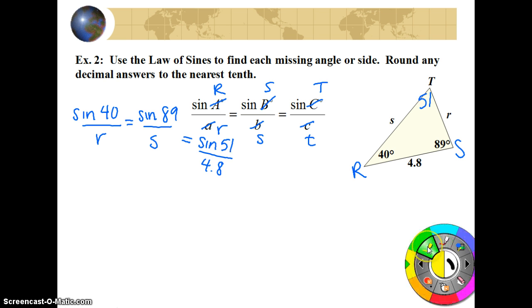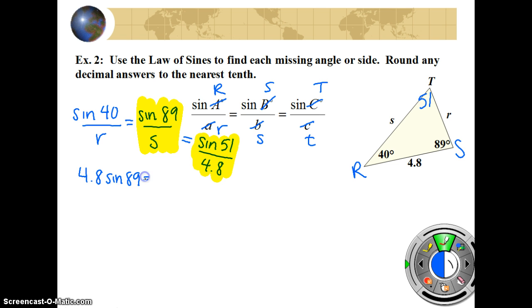Now, I know this proportion, or this ratio, and I can set it equal to either of these. I'm going to set it equal to the sine of 89 over S first. So I cross multiply, and you're going to get 4.8 sine of 89 is equal to S times the sine of 51.